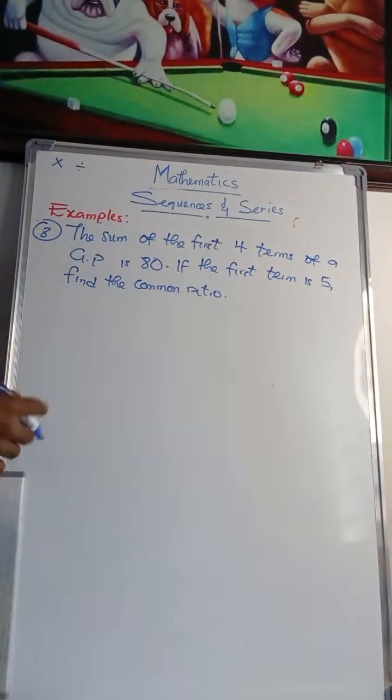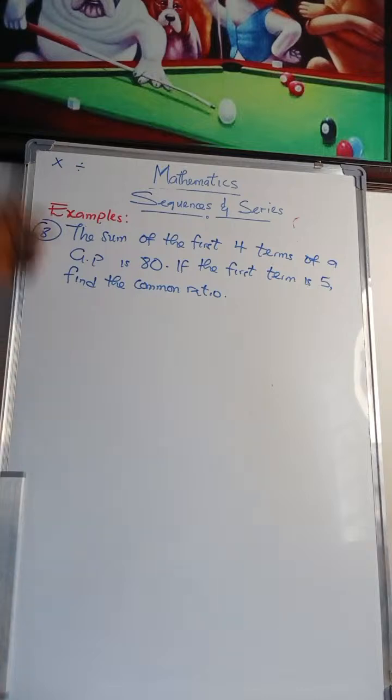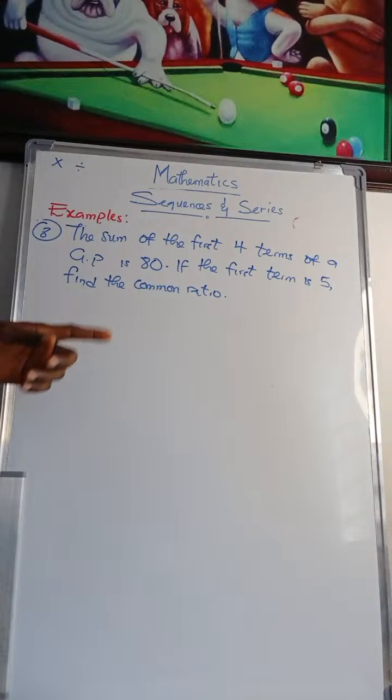Okay, so this is the question. The sum of the first four terms of a GP is 80. If the first term is 5, find the common ratio.